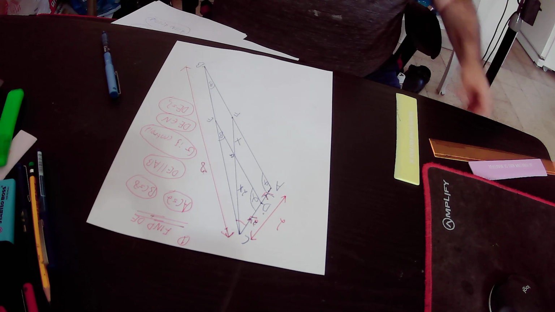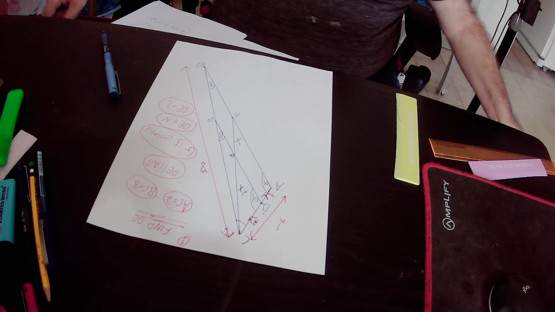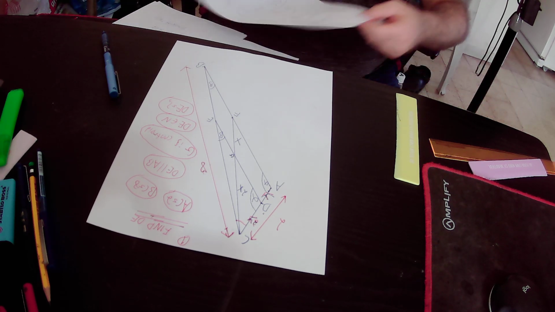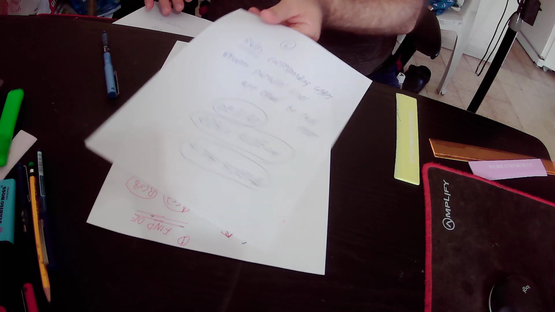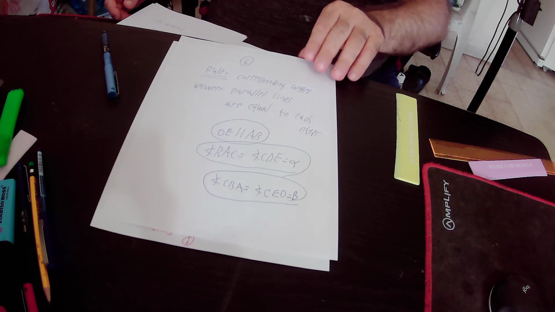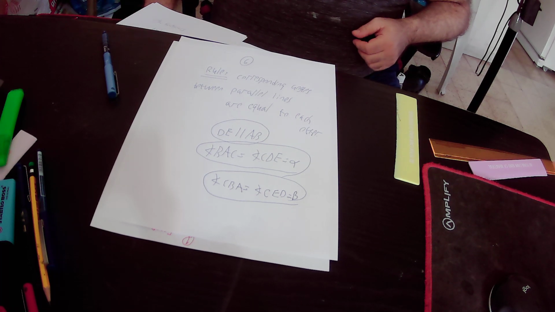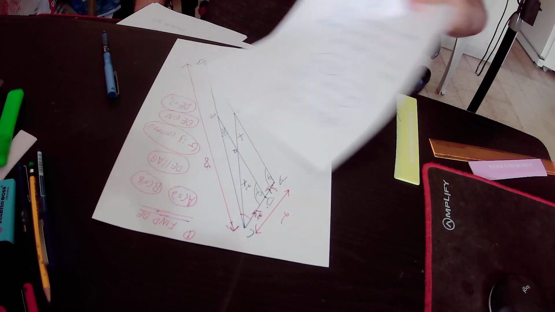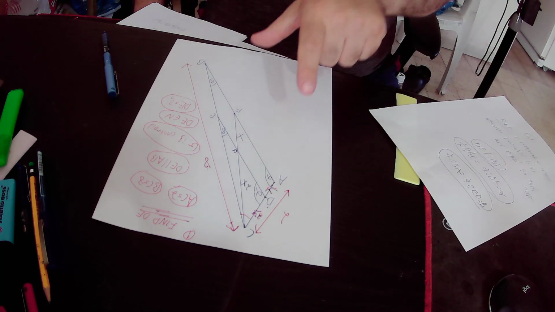Okay, and we also have the rule that states that corresponding angles between parallel lines are equal to each other. And we know that DE is parallel to AB.